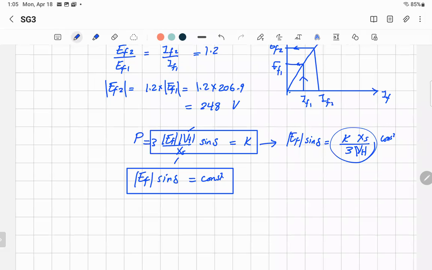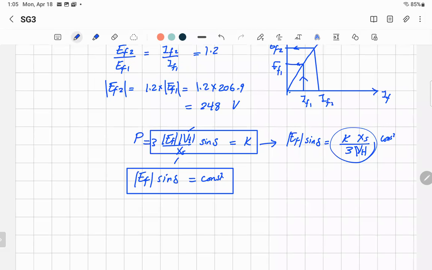So what does it mean? Yes. A times XS divided by 3. I'm just solving this equation. Is that VT in the denominator? Yeah, terminal voltage.